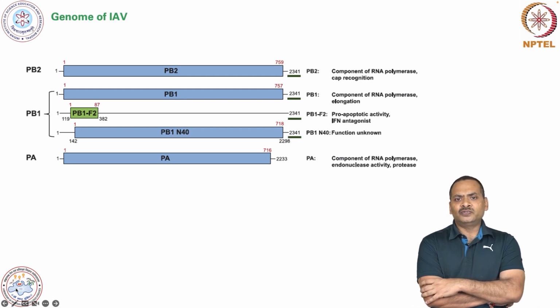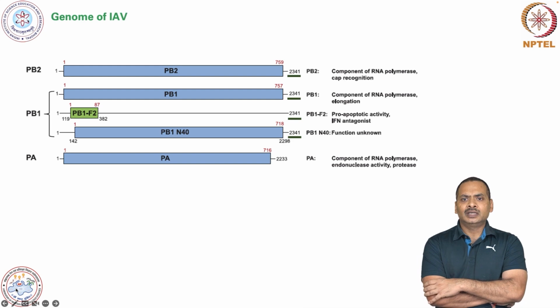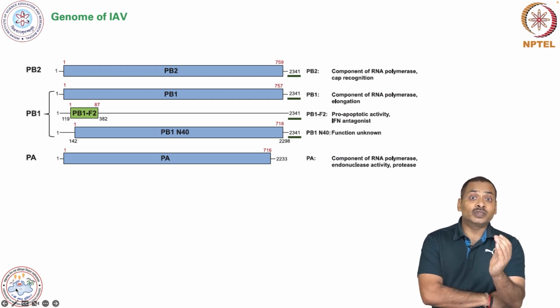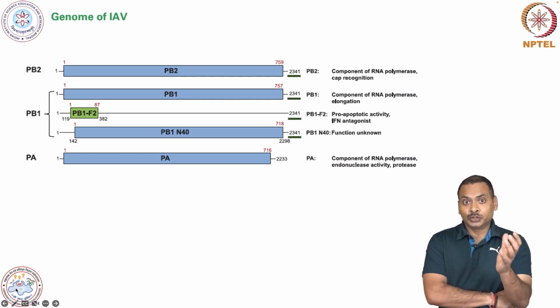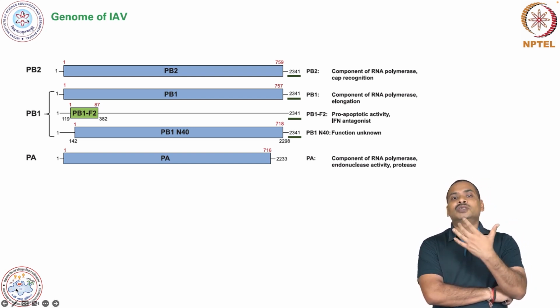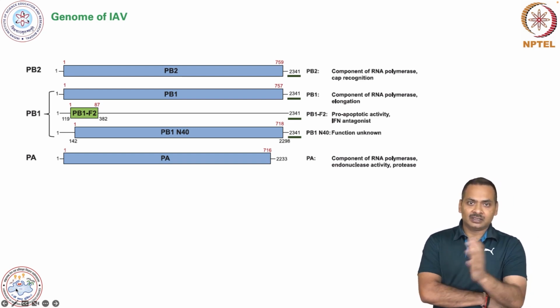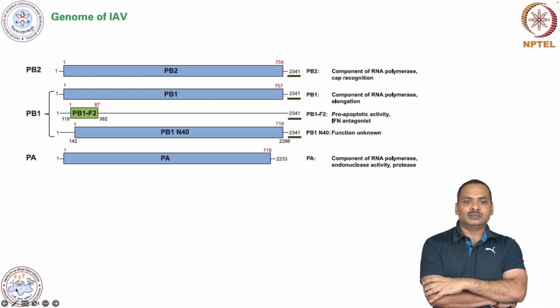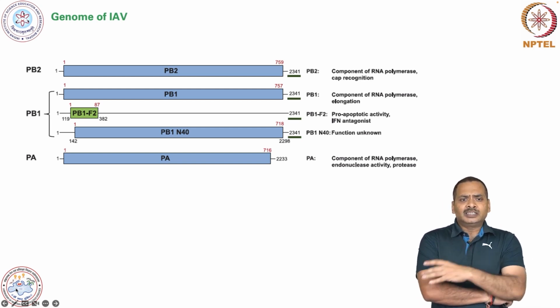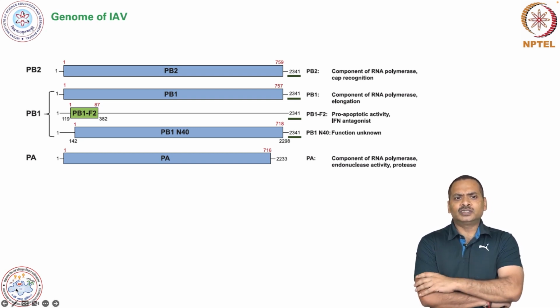PB1-F2 has a pro-apoptotic activity, and it is basically a type 1 interferon antagonist. You know that type 1 interferon plays an important role in antiviral activity, so it is suppressing the type 1 interferon effects. Another is PB1-N40, whose function is not very well understood.